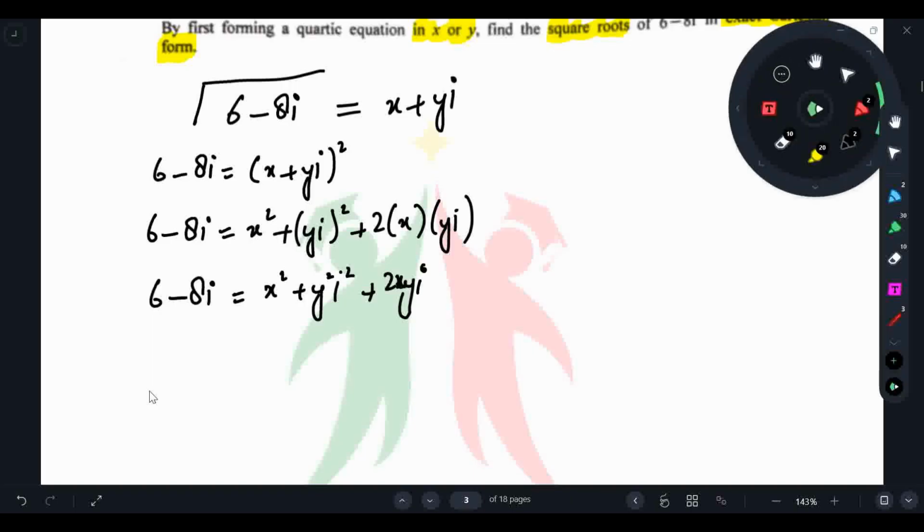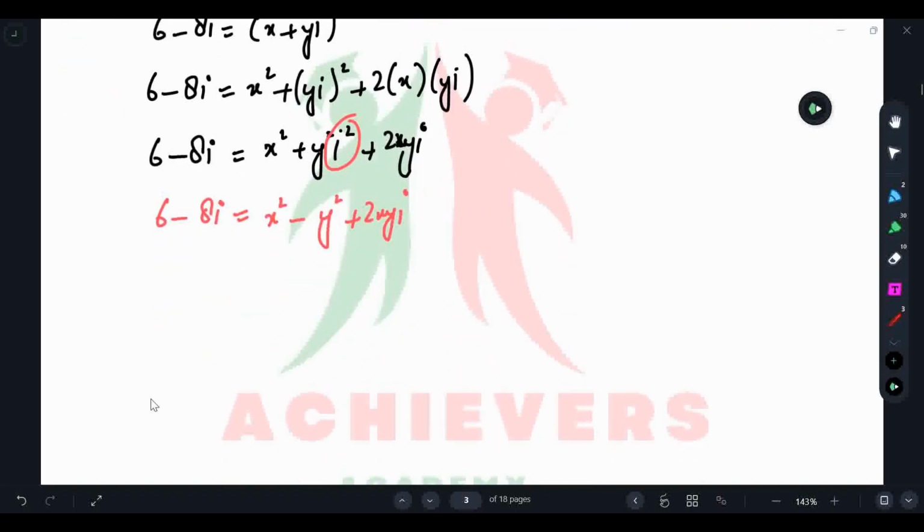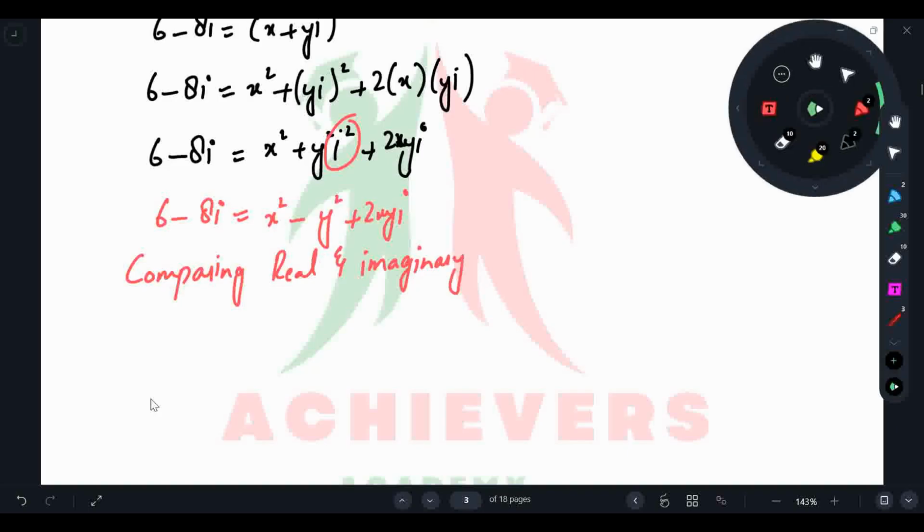Now we know that i squared is equal to minus 1, so we can replace this i squared with minus 1. Hence this will be 6 minus 8i is equal to x squared minus y squared plus 2xyi. Now from here we can compare the coefficients, comparing the real and imaginary parts.